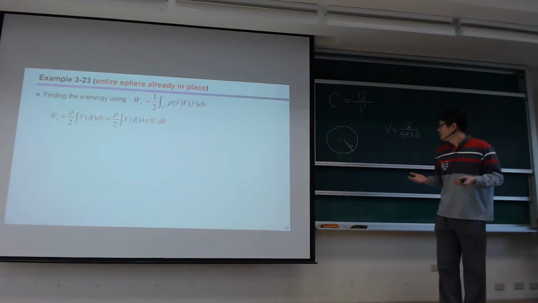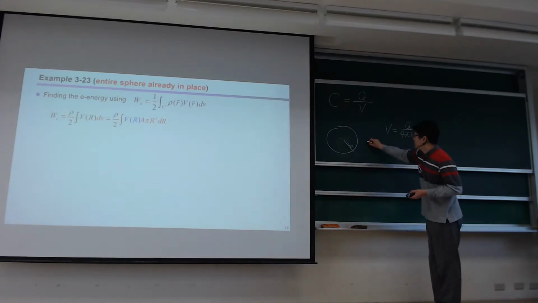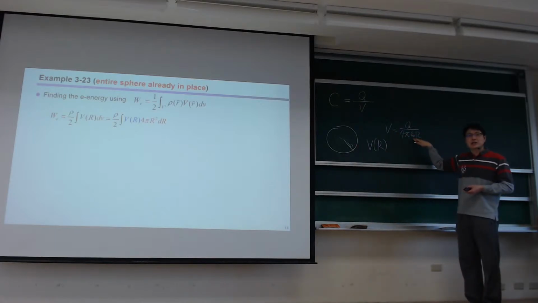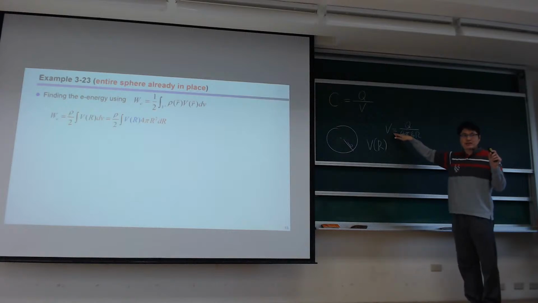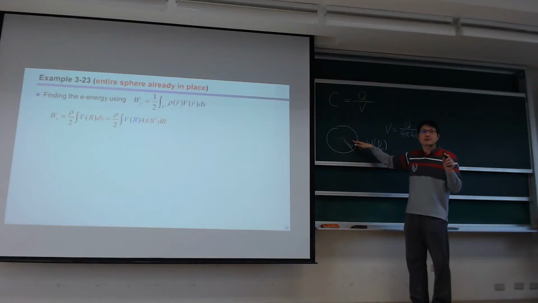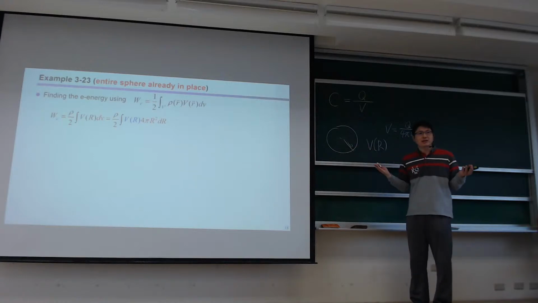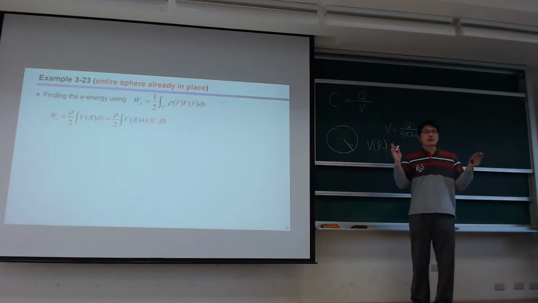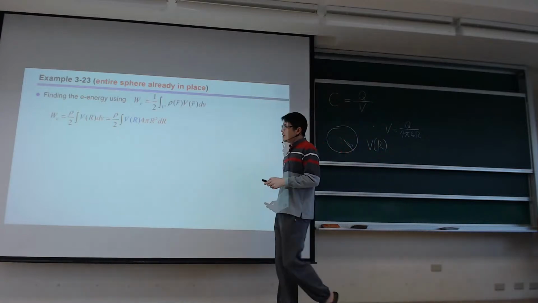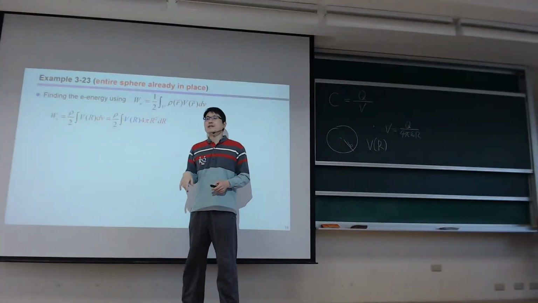And therefore, V(r) in this case is different compared to the single charge potential. Because for a single point, you don't care about its size, but here you have to be concerned about the size. The size is big.